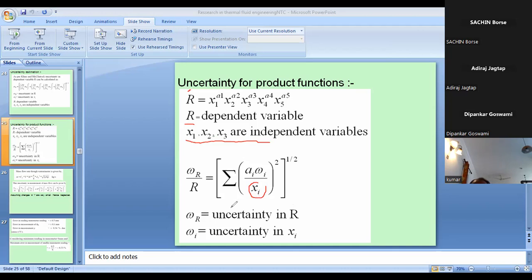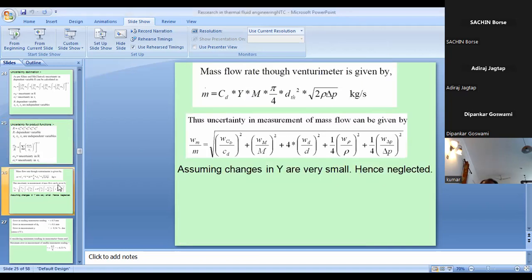So if you calculate, you can get the uncertainty in R from the uncertainty in xi. Even though you may find it a little difficult to understand at this stage, you have to use this in your thesis.